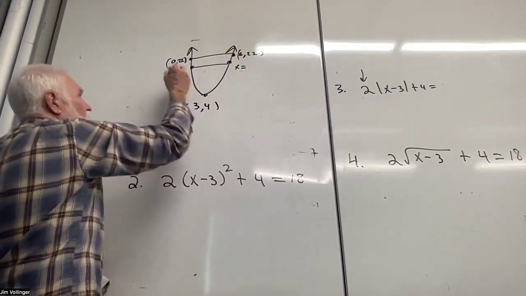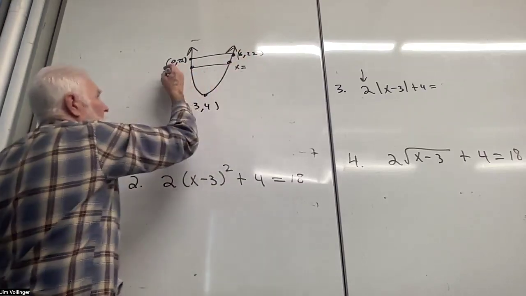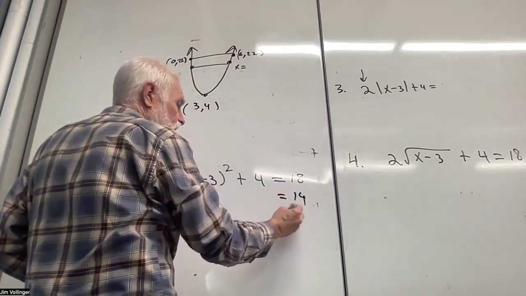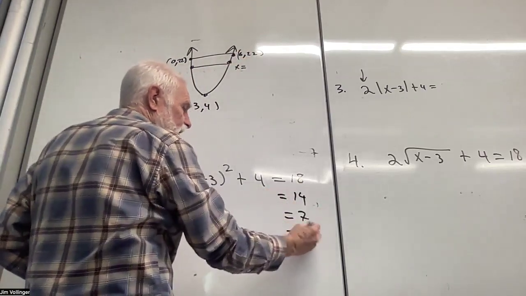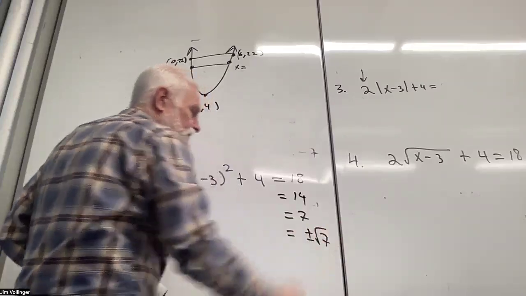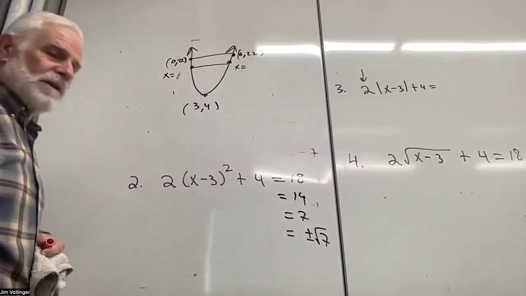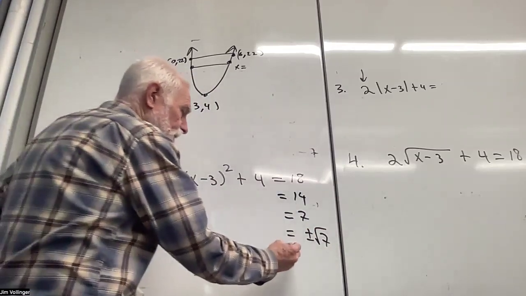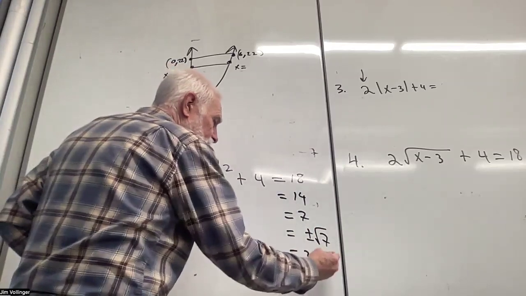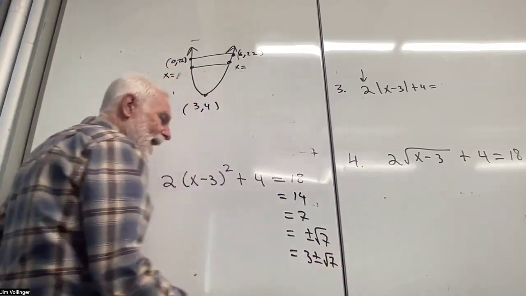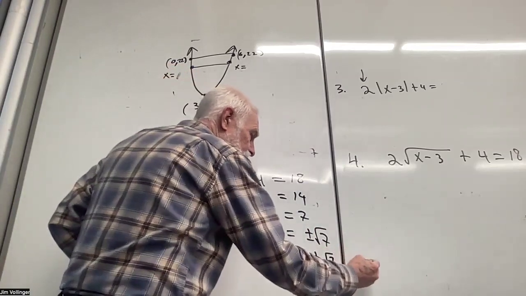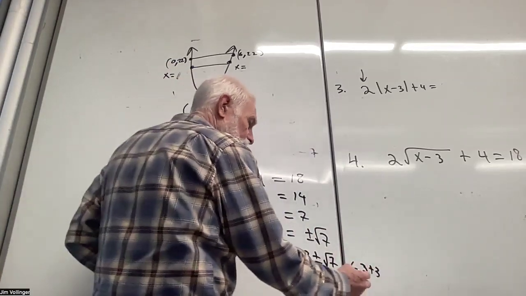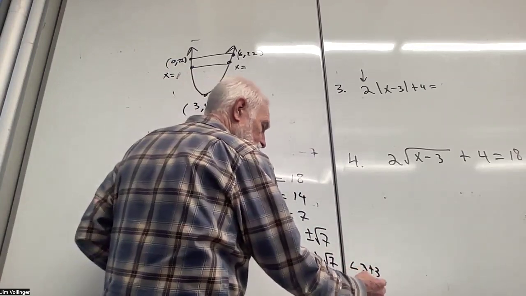Maybe if I do this more often, I'd remember to do that on this side. So let's solve it, see what those numbers are. Still 14, still 7, but now that extra inverse operation. Well, I know that's a little less than 3. And so the last step, 3 plus or minus the square root of 7, has to be a little less than 3 plus 3, and a little greater than 3 minus 3.